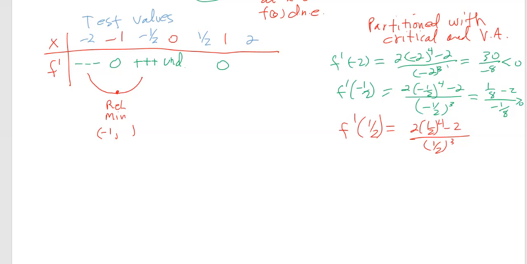And the numerator is basically still going to be that 1/8 minus 2, but the denominator is going to be a 1/8. So this quantity is negative. That means in here, let's stick to that same color. And here, you're going negative again.